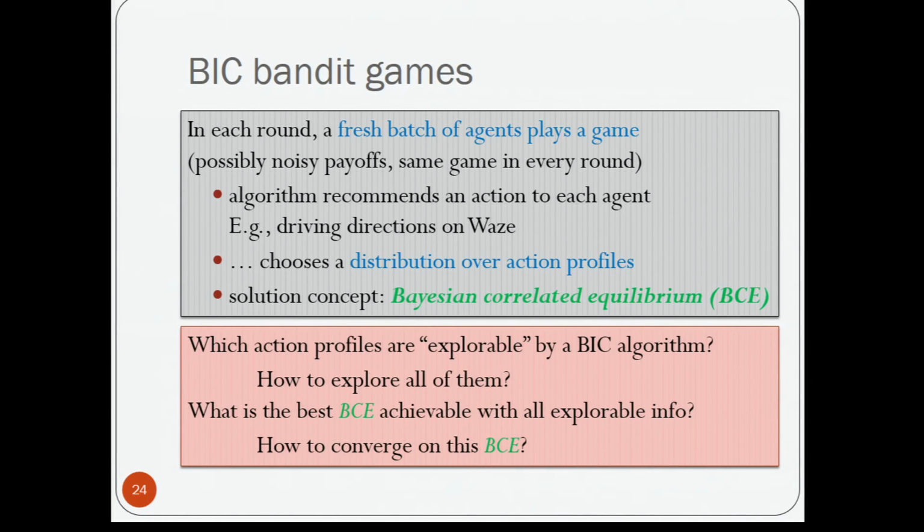And then, say we explored all we possibly can, and we have all that information. How do we use that information? Meaning, what is the best equilibrium achievable with that information, and how to converge on that equilibrium. So these are the high-level things to worry about in this model. And we sort of deliver on that.